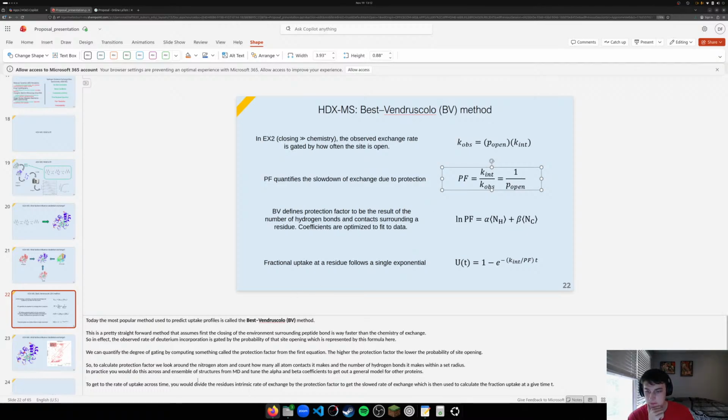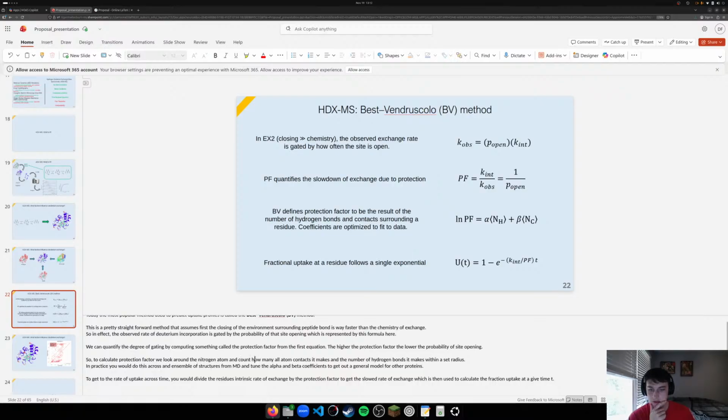So to calculate the protection factor, we would look around the nitrogen atom and count how many heavy atoms are within a set radius, and the number of hydrogen bonds.